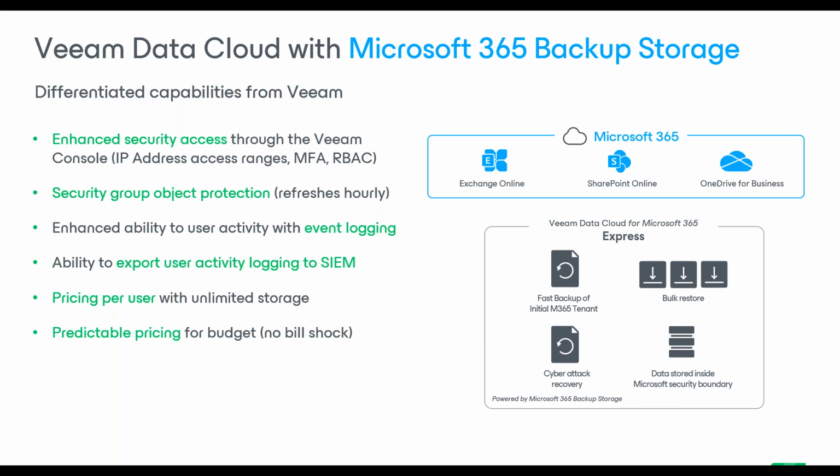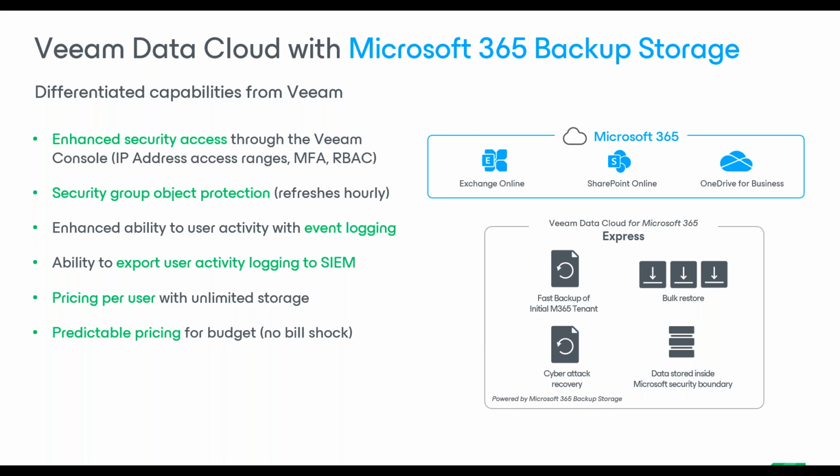Okay, some of the differentiated capabilities especially with Veeam, because Microsoft 365 backup storage is also open for a couple of other vendors in the ecosystem nowadays. So from Veeam, we will be providing advanced security access through the Veeam Data Cloud web console, with the ability to restrict IP addresses based on subnet range, and the ability to do MFA and role-based access control.